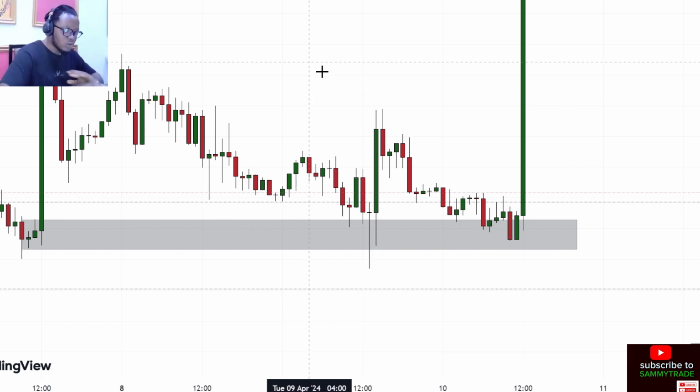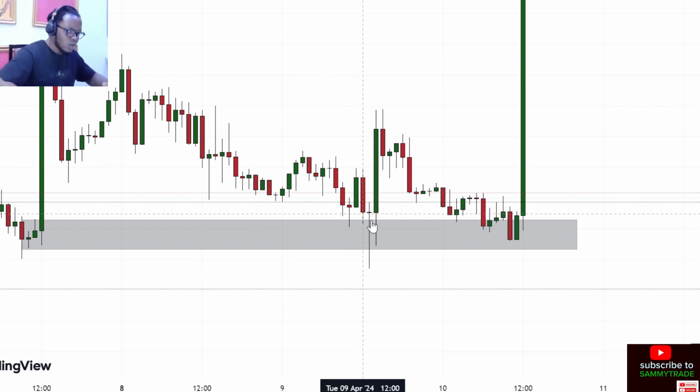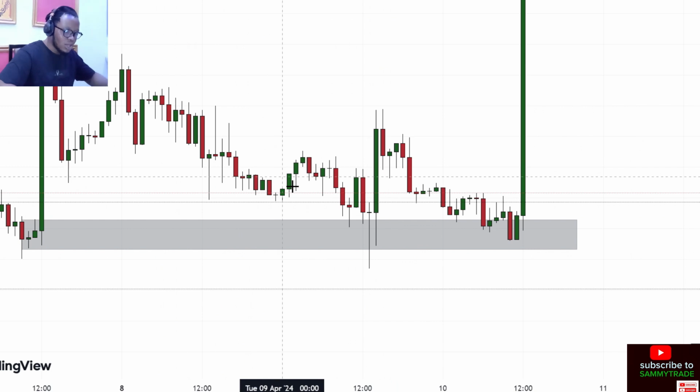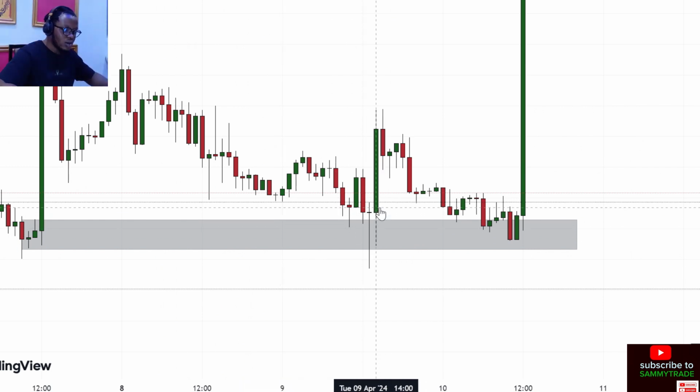No one is in control of the market at this point. So when you see this candlestick at a valid point of interest, you look out for the next candlestick. If the next candlestick is a red, bearish candlestick, it means this order block is not going to work.